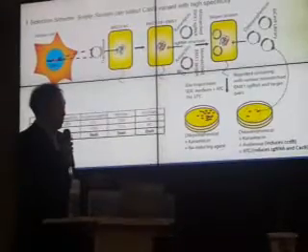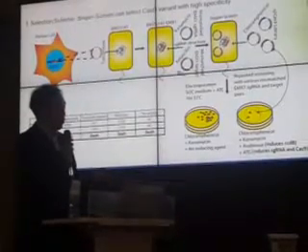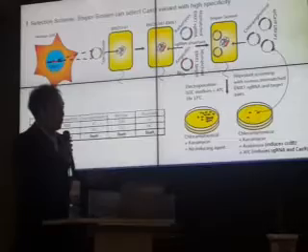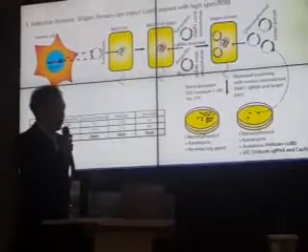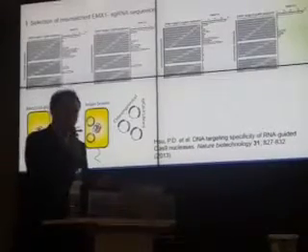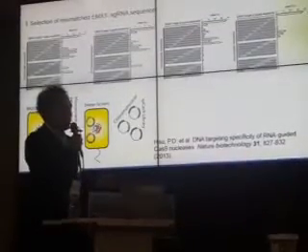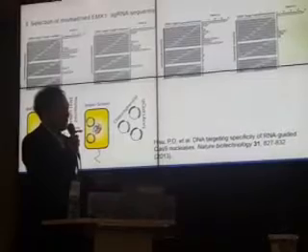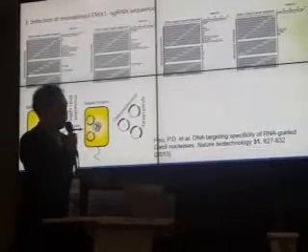Also we can collect all the pools and then repeat this until we get the colonies that we want. So this system works in only one condition, that wild-type Cas9 cuts the genomic DNA.